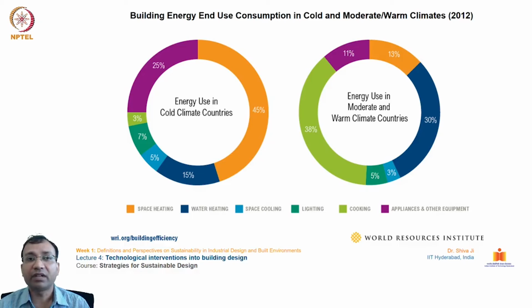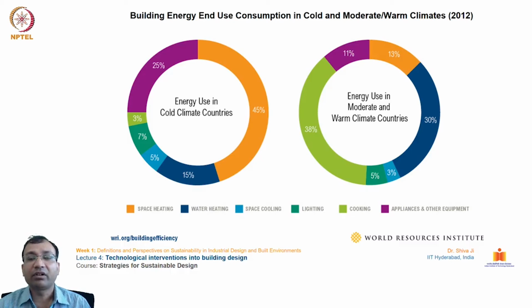And on the contrary, if you see on the right side, here the cooling becomes very important. Traditionally, in the buildings in the warmer countries, space cooling requires only 3%, so compared to the counterparts from the colder countries, this is very little.